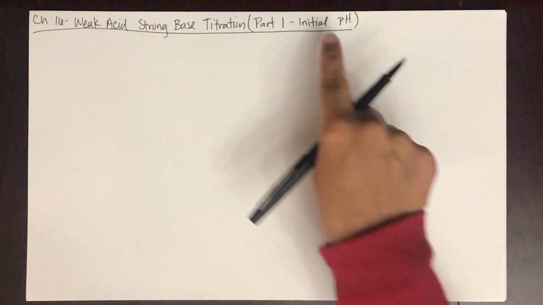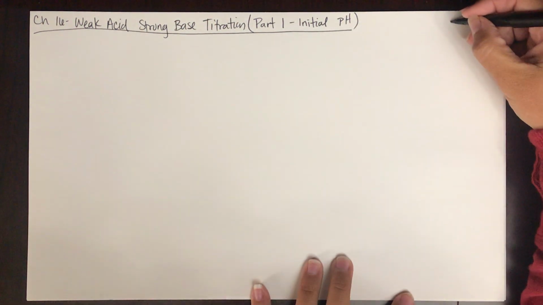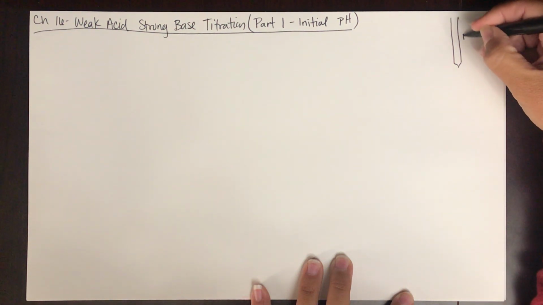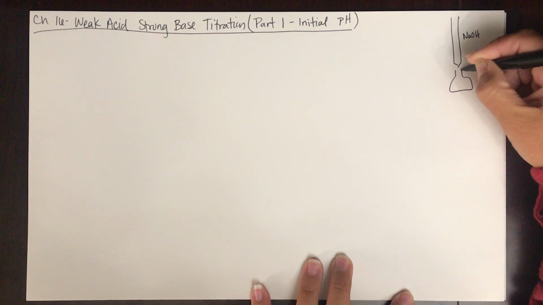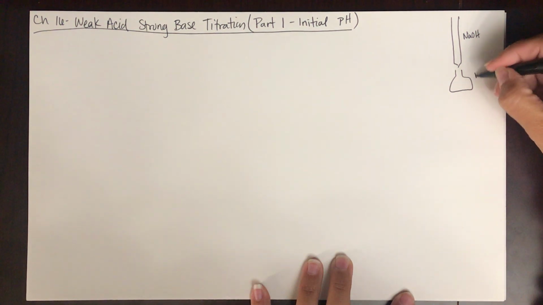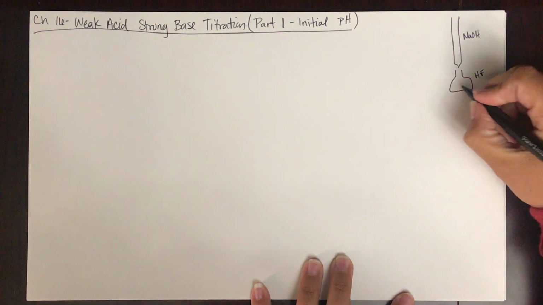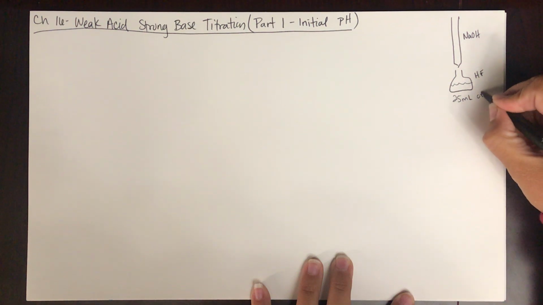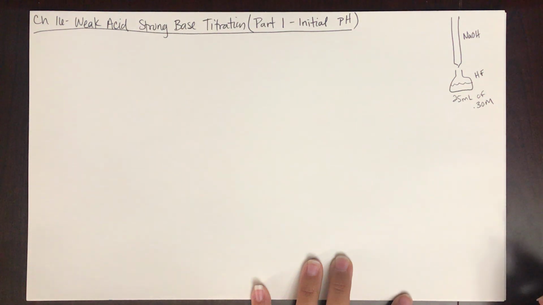What we're doing in this first problem is part 1, the initial pH. So we have our burette that has our sodium hydroxide in it, and we have our flask. Inside our flask is the hydrofluoric acid, 25 milliliters of a 0.30 molar hydrofluoric acid solution.